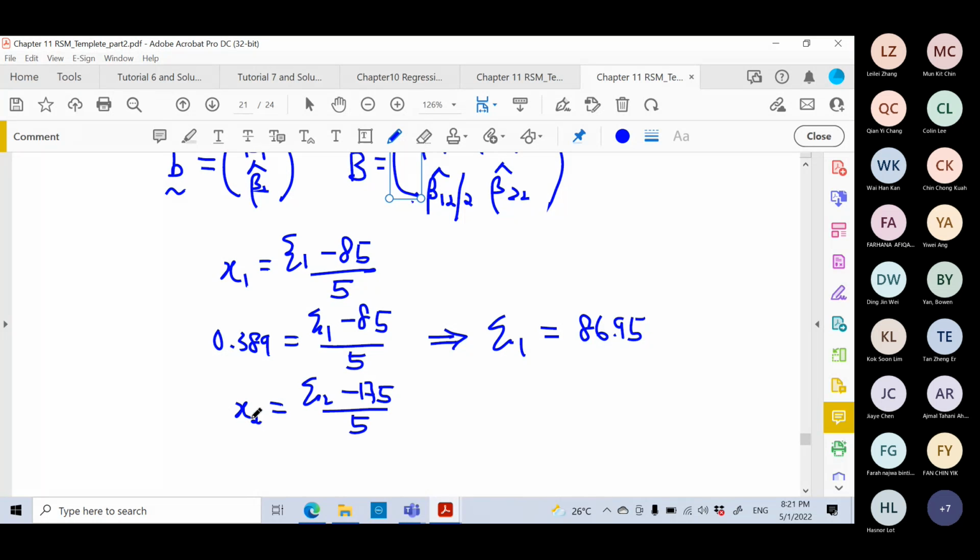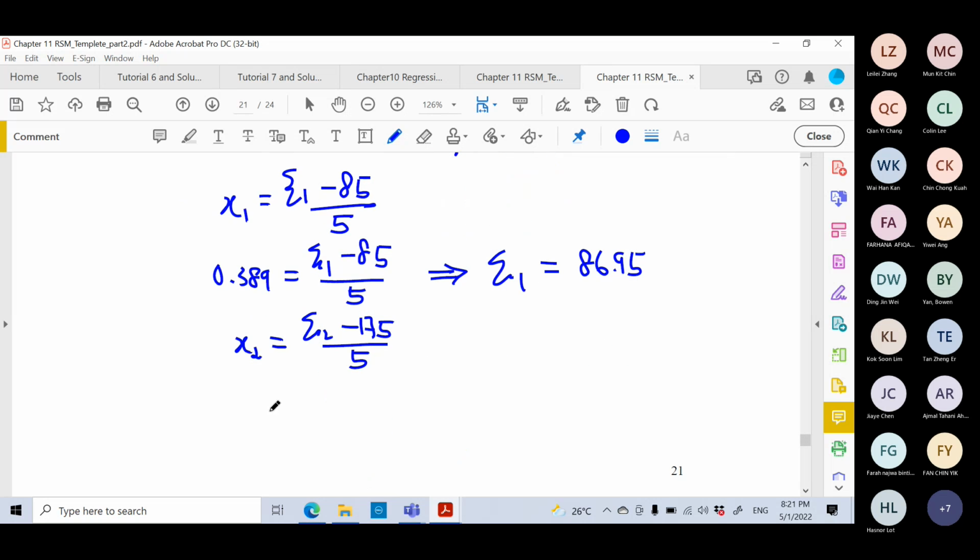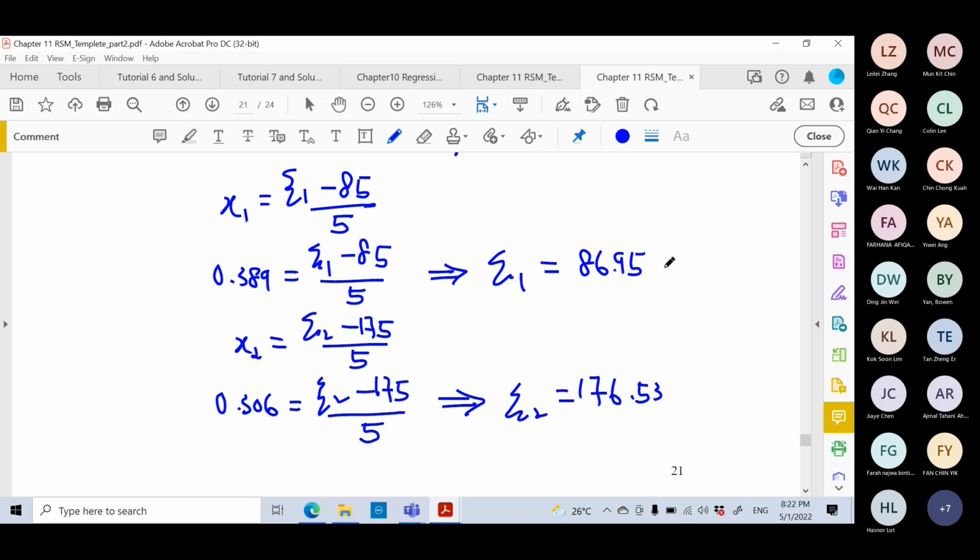So you substitute it with 0.306, and you get xi2 equal to 176.953. This one refers to the minute, and this one refers to the Fahrenheit. So if you observe, this one is 86.95 and the 176.95.